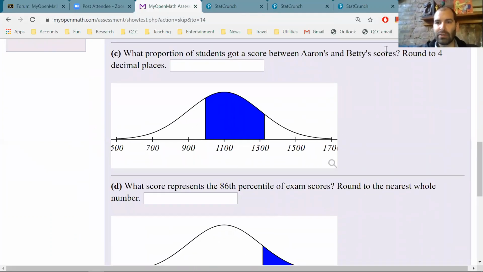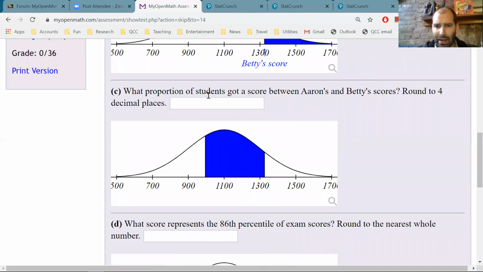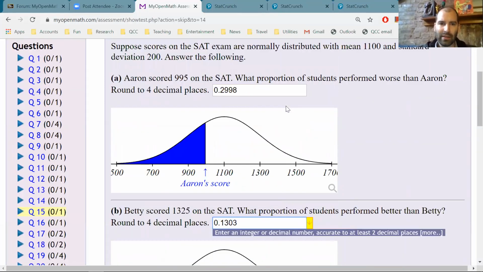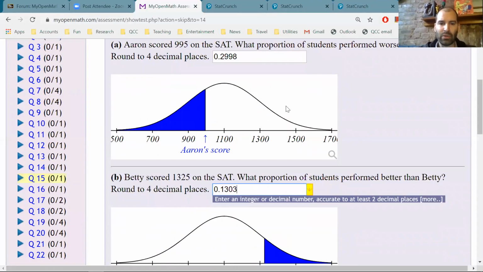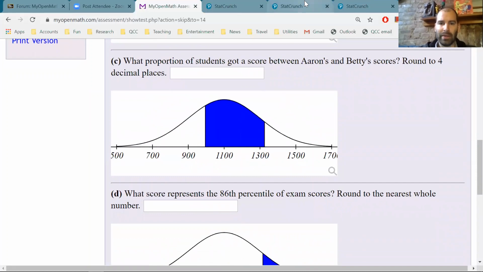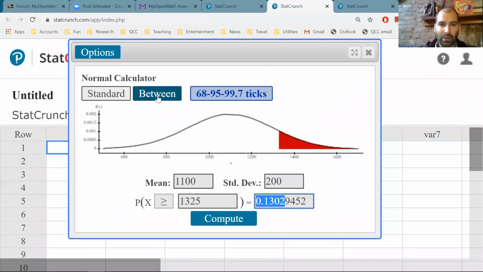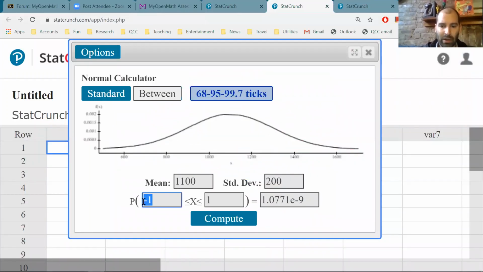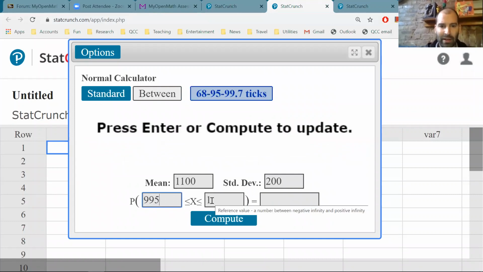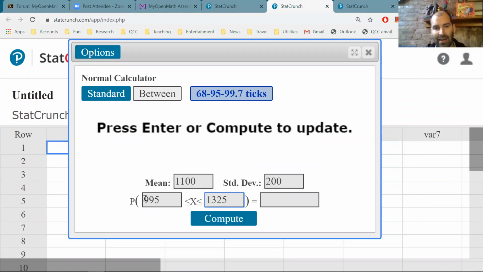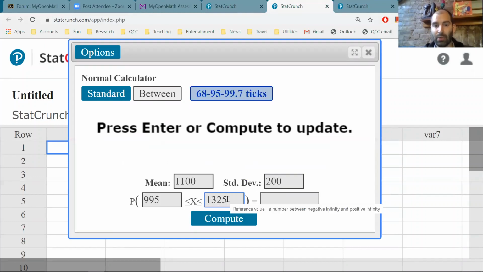What proportion of students got a score between Aaron's and Betty's scores? Okay, so I want a score between 995 and 1325. So what I'm going to do is put between here. We want to be between 995 and I think it was 1325. Notice that it says 995 is less than or equal to x, and x is less than or equal to 1325.